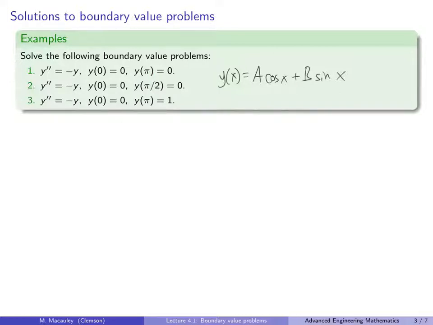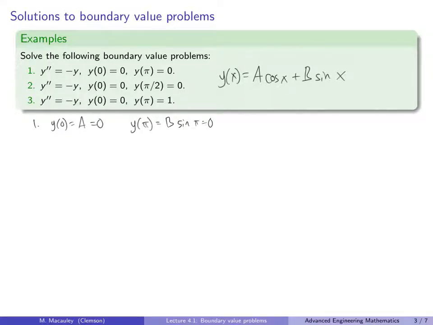Okay, so this first one, let's plug in 0 and then plug in pi and set them both equal to 0. So y of 0 equals a, which is equal to 0. So that kills off the a term. And now y of pi, the a is already gone, so let's just write b sine of pi equals 0.